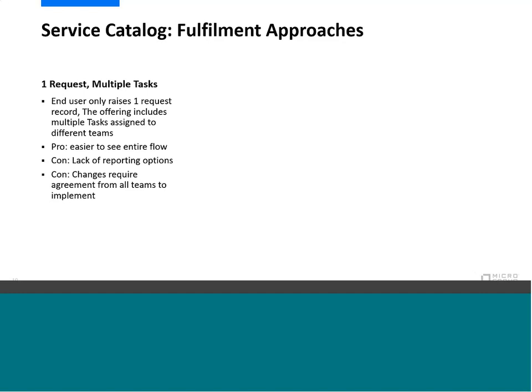So whilst doing it all in one request you've got a pro of that because you can do it all and see it all in that flow, it does restrict some of the reporting options you've got on it. So as a new starter process, if we took that as an example, you wouldn't necessarily be able to capture all the information about how, if there's ordering a user a PC as part of that process, how long that particular section took, or if there's issues with that.